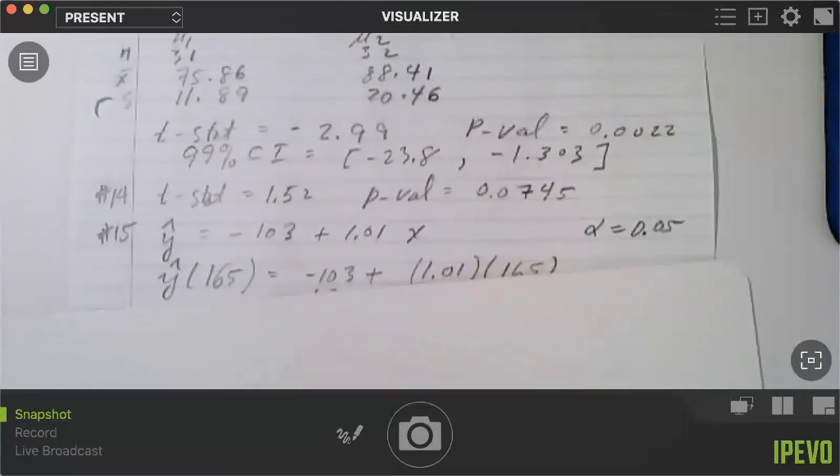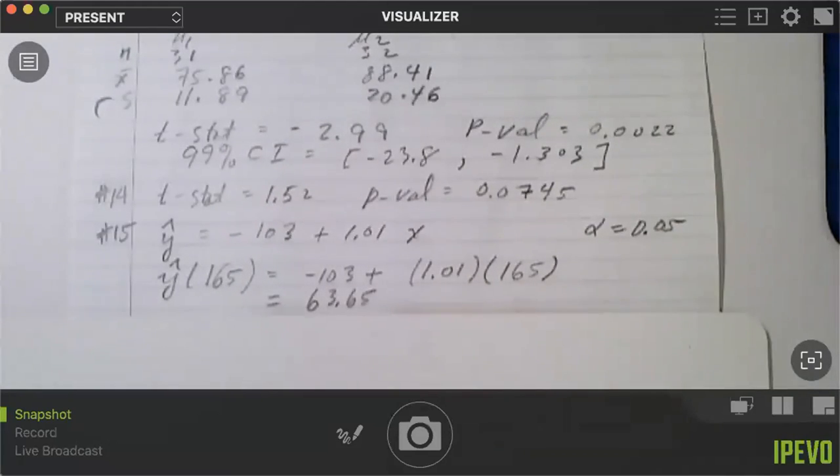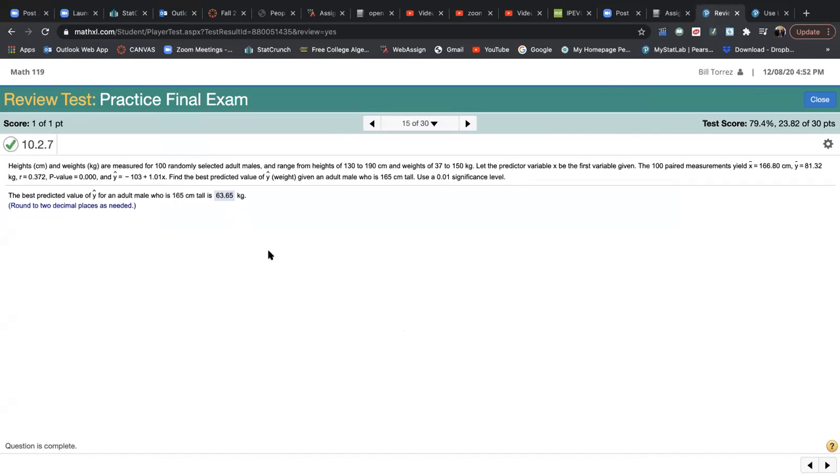Let's go back to the test now. We plug in our answer of 63.65 kilograms, and we get our predicted value based on x equal to 165. I would consider this a warm-up for what we're going to be doing now.